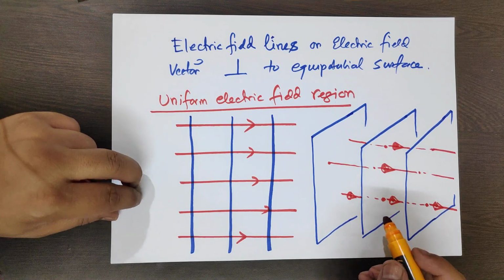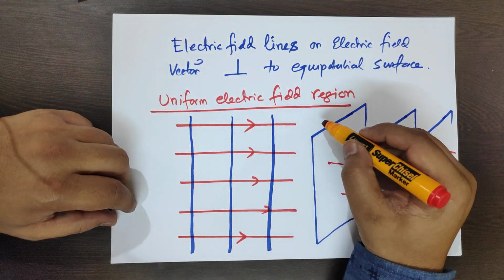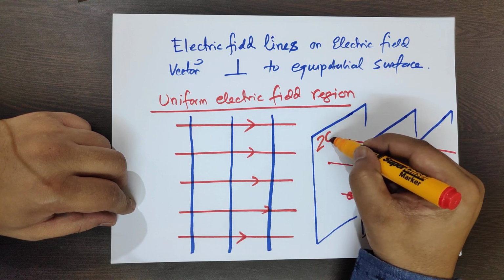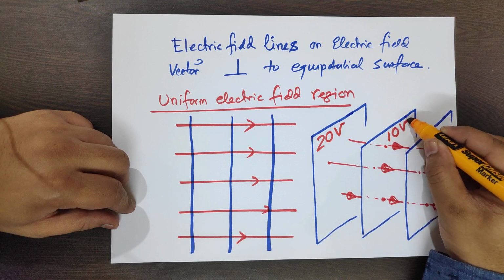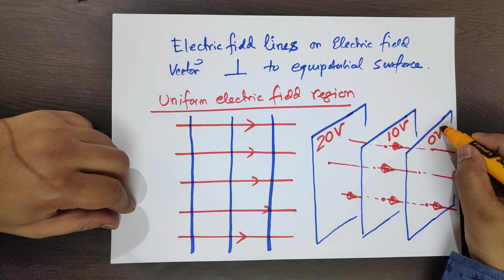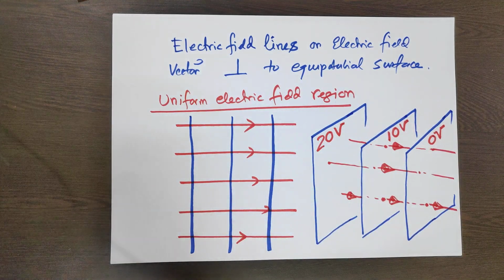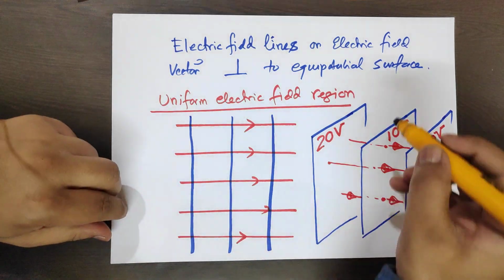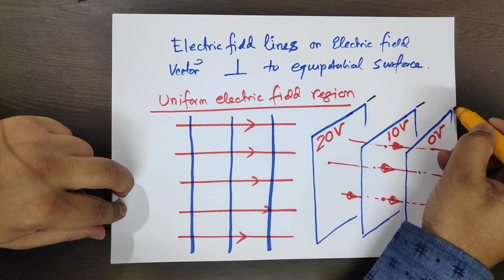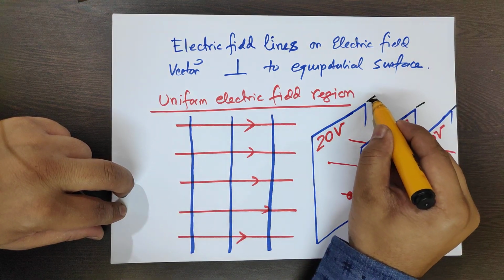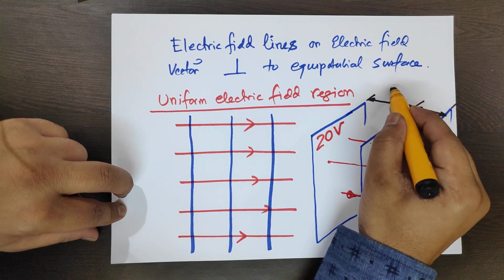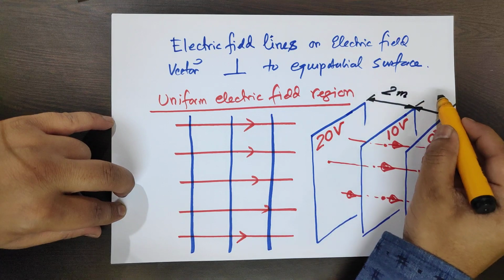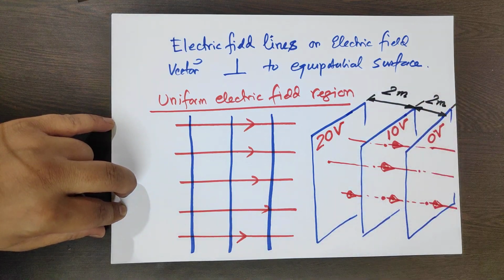Suppose the potential throughout this surface happens to be 20 volt, and this surface happens to be 10 volt, and this surface happens to be 0 volt. And let us see about the distances between the surfaces. Say these are all equidistant. Suppose this and this both are equal. Suppose this happens to be 2 meter, and this also happens to be 2 meter.